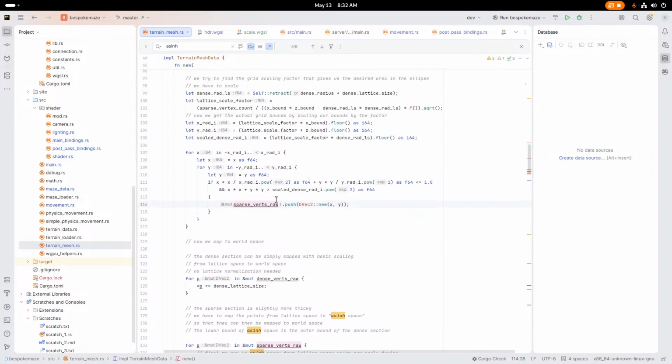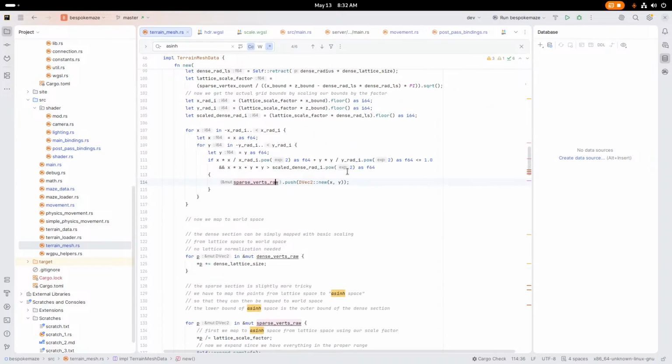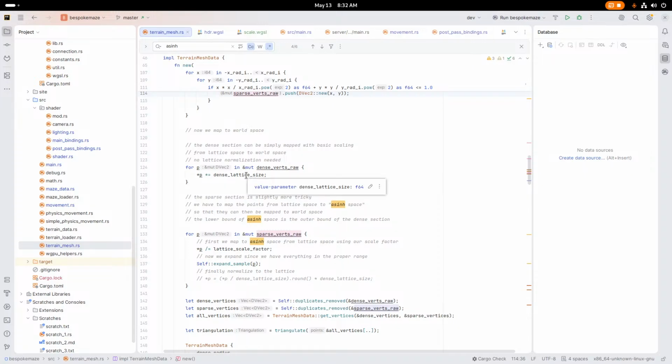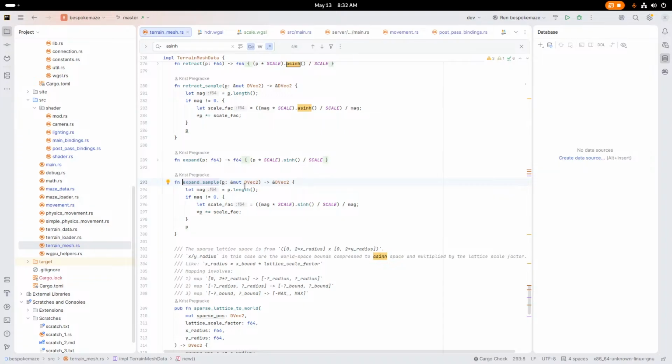Okay, so what I need to do is take these sparse vertices, or if I have two vertices and I want to know the distance between any two vertices, then it's going to be the square root of x squared plus y squared, multiplied by s.